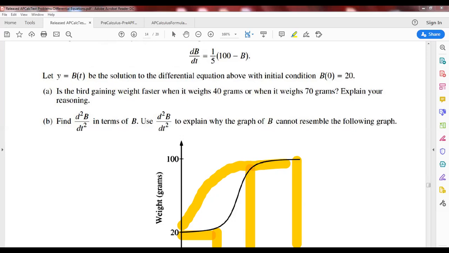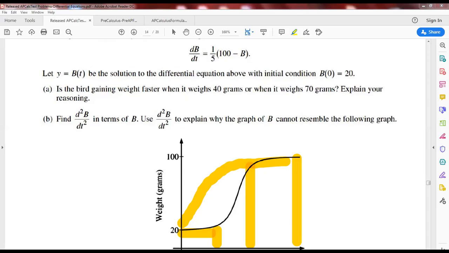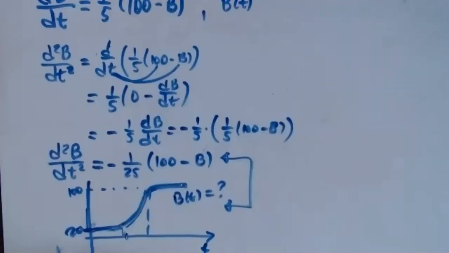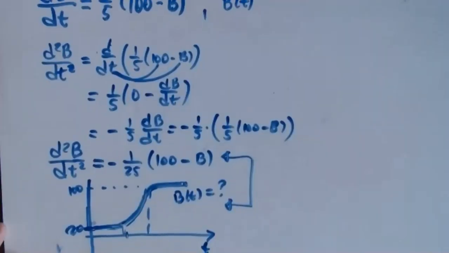Let's go back to right here. Let's see this one. When B is 20, this is 80/25. When you increase this one and you approach 100, this decreases. So this means that the rate of change is higher when the weight is low, correct?